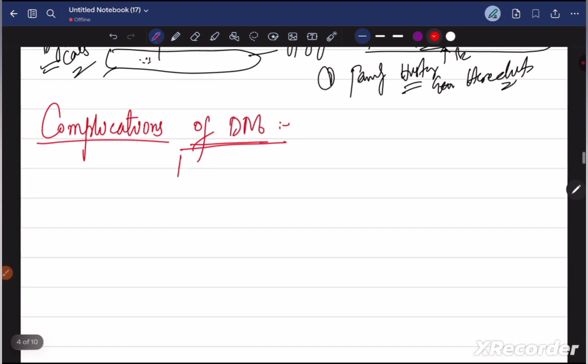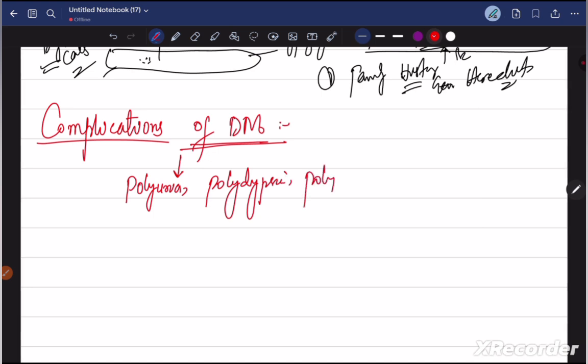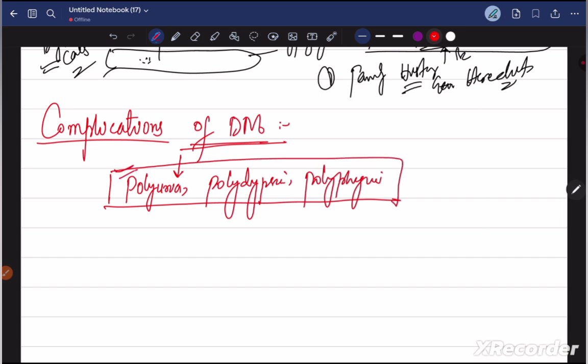In diabetes mellitus, you will be seeing polyuria, you will be seeing polydipsia, and you will be seeing polyphagia. Let us discuss how these three P's occur: polyuria, polydipsia, and polyphagia.